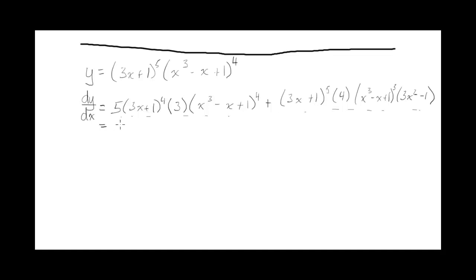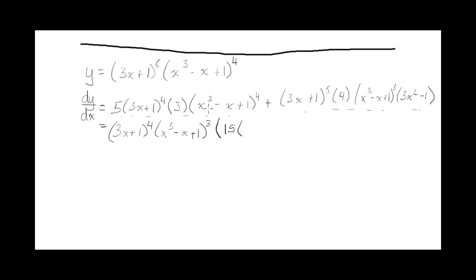So 3x plus 1 to the power of 4 would be the biggest common factor. And then from these two, we have x cubed minus x plus 1 to the power of 4 and x cubed minus x plus 1 to the power of 3. So x cubed minus x plus 1 to the power of 3 would be the largest common factor. So what's left over? Well, I still have the 5 and the 3, so that's 15.